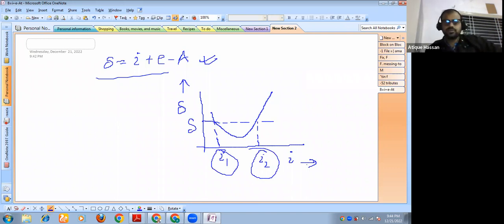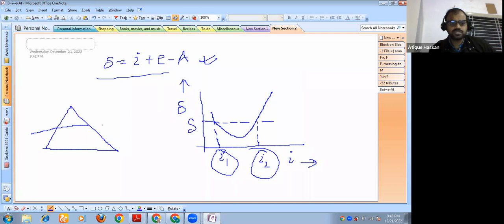So actually what happens? Why do we get the same deviation for two different values? Actually, the prism is symmetric, right? So suppose this angle is I1 and suppose this angle is I2.